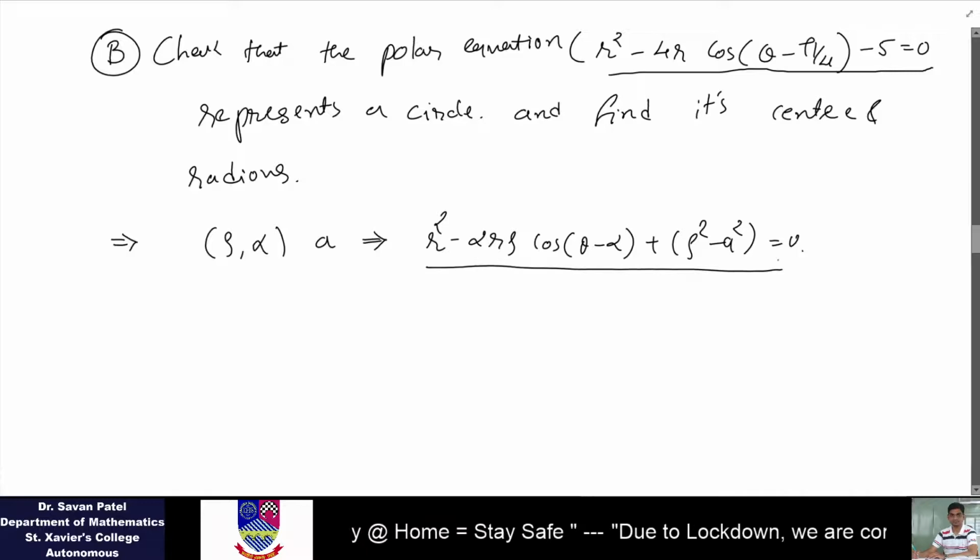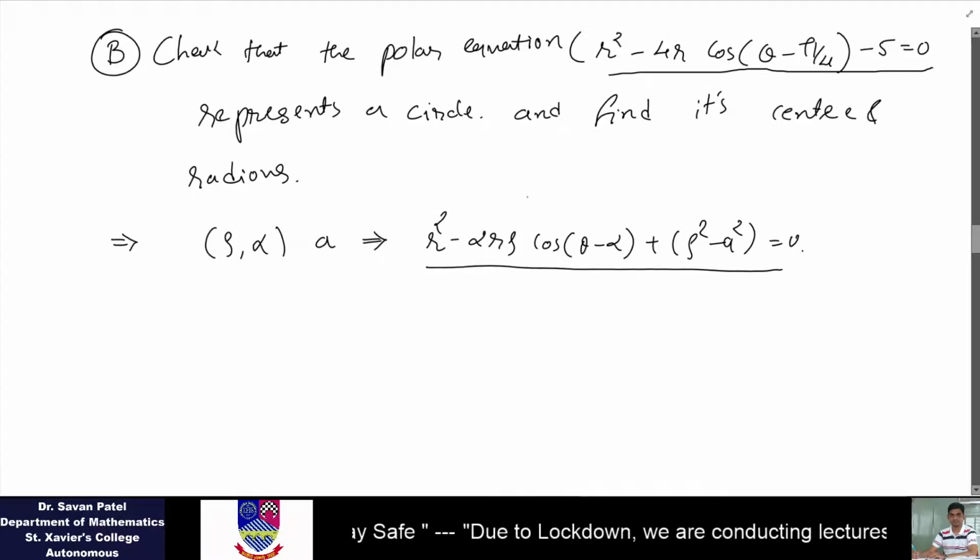So here you are directly able to check that. See here, this is r square matching. Here something is 2 times r, you can match that. Here cos theta minus alpha is already there. So all you have to arrange is a. So I am accepting that way.